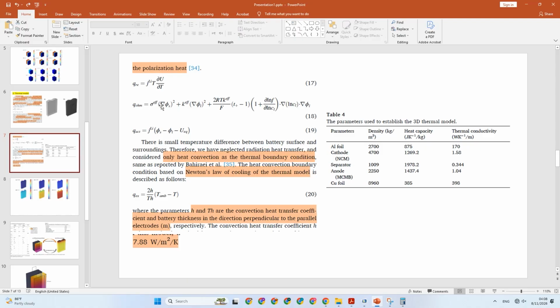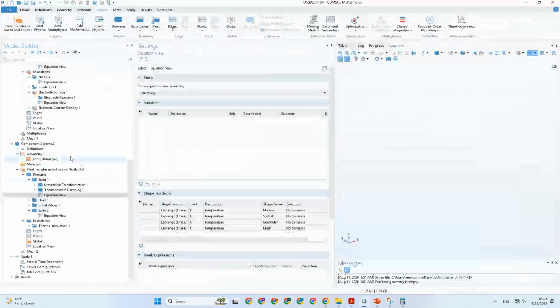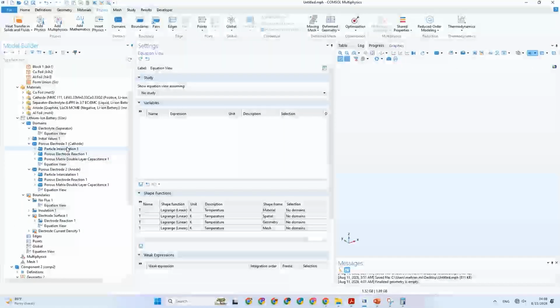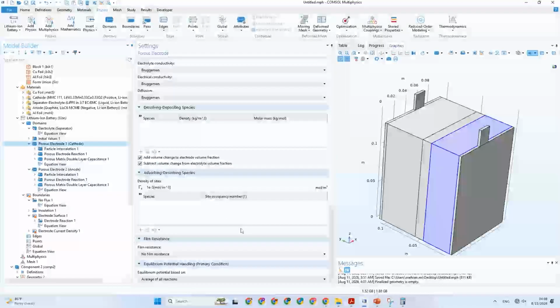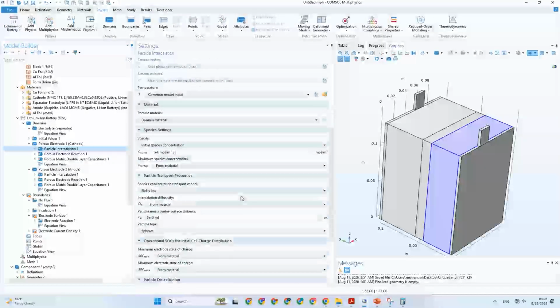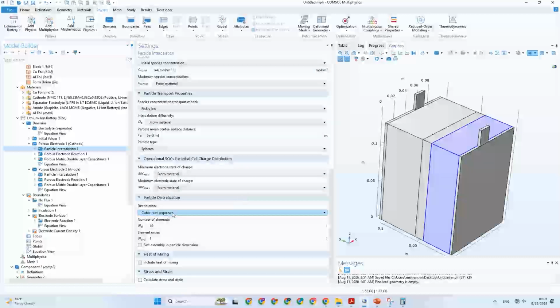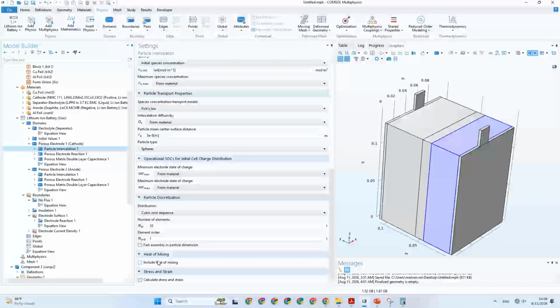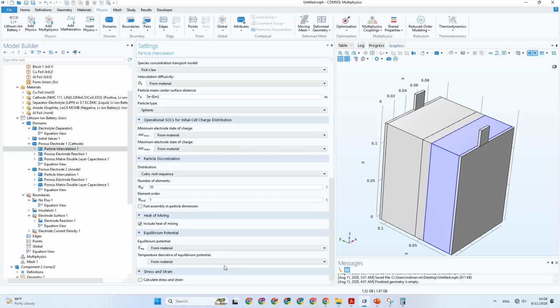We could add heat mixing here. Here we can add heat mixing.